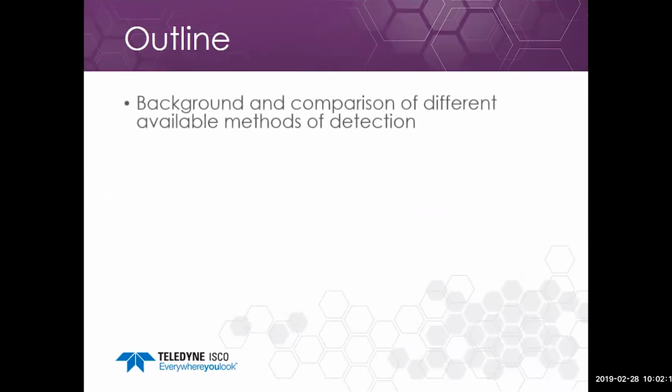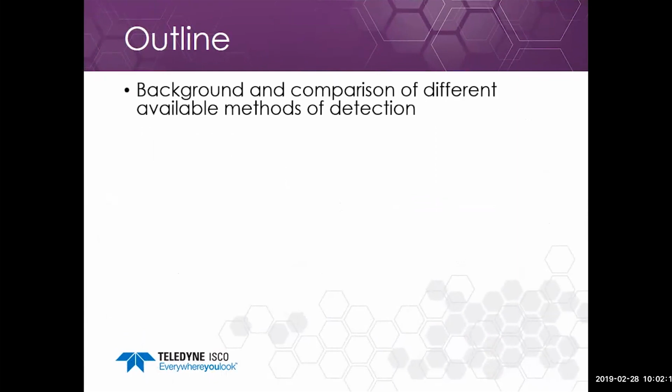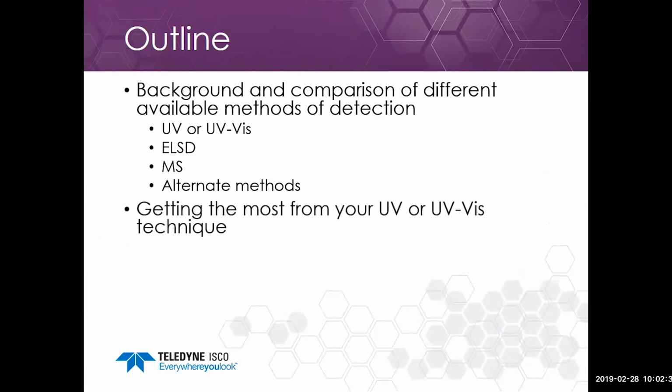So today, the outline of what I'll be discussing. Begin with a background and comparison of the different available methods of detection for both Flash and PrEP HPLC systems. Include our UV or UV-Vis detectors, ELSD, mass spec, pure ion module, or alternate external detector methods.